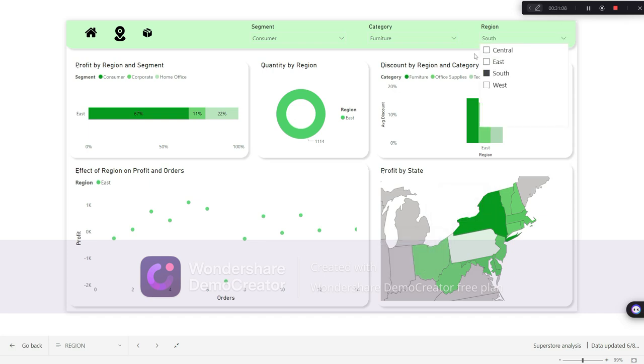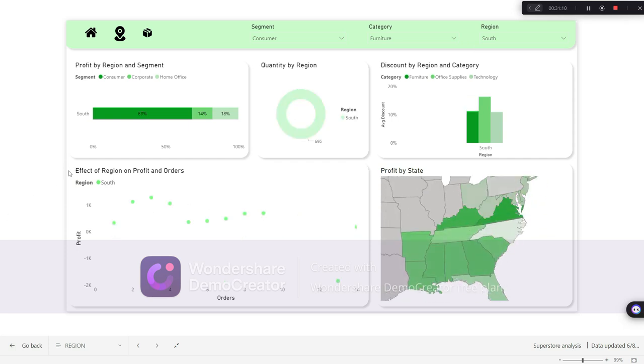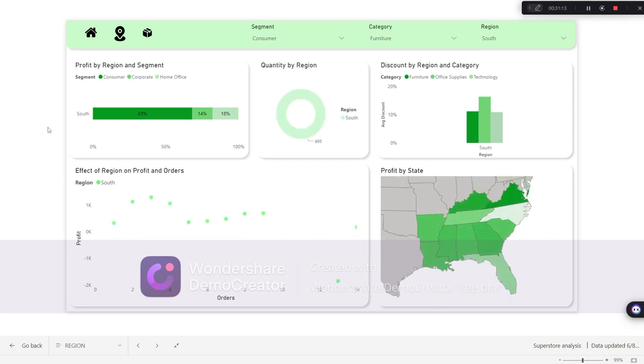For the South region, we have made profit. Overall quantity sold in South region is nearly about 700. We give 11% discount in South region for the furniture, 16% average discount for the office supplies, and technology 11% average discount.